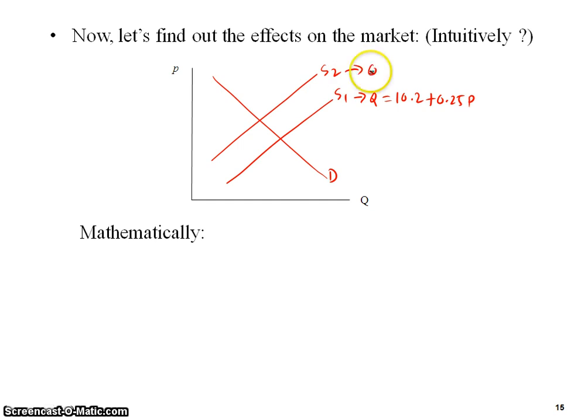The new supply is given by Q equal to 9.6 plus 0.25p. The demand is given by Q equal to 15.6 minus 0.5p. Okay, so this is the old equilibrium.